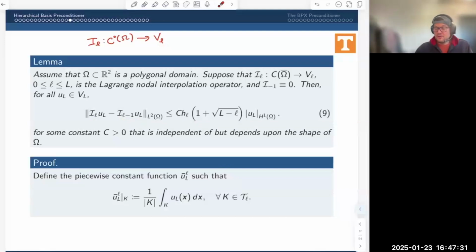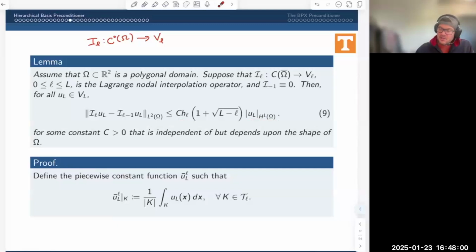Okay, so now you look at those two objects and you say they're probably not all that different from each other, because one is at level VL and one's at the next coarser level. And those two levels, those two meshes, look fairly similar to each other. So I would expect then, okay, this makes sense. I'm going to get a constant times HL, the first power, because I'm measuring the UL in the H1 seminorm. Fine.